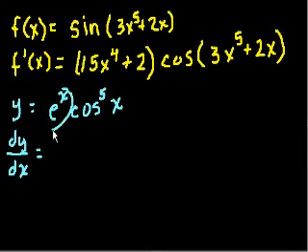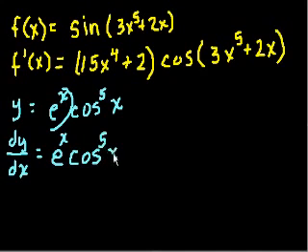And once again, we learned in the last presentation one of the most amazing facts in the universe, that the derivative of e to the x is e to the x. That blows my mind. I've taken the derivative, and it's the same expression. Amazing. And then I multiply it times the second expression, cosine to the fifth of x.